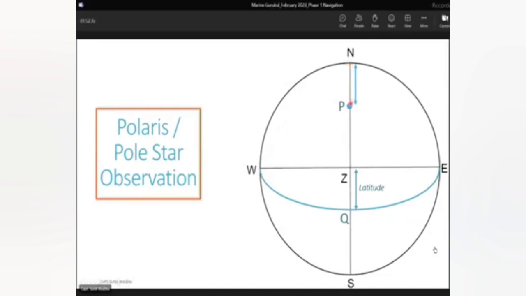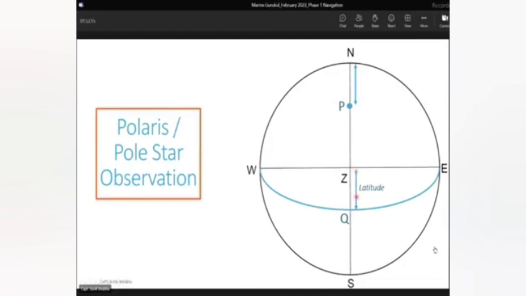Now, we are aware that this celestial pole is 90 degrees away from the Q point on the equinoctial. We are also aware that the N point, which is on the horizon, is 90 degrees away from the zenith of the observer. So now you see, point P is 90 degrees away from the equinoctial, that is Q. Point N is 90 degrees away from the zenith.